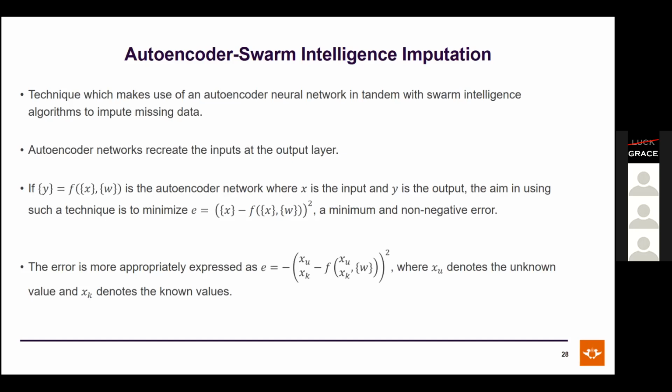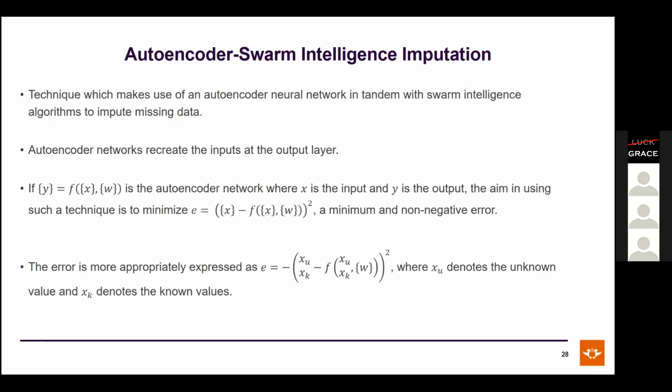Now we're going to see what autoencoder networks look like later on. Basically, it's a technique which makes use of an autoencoder neural network in combination with a swarm intelligence algorithm or technique to impute your missing data.